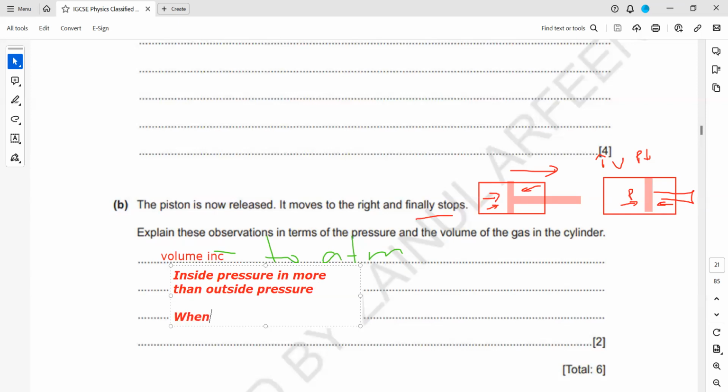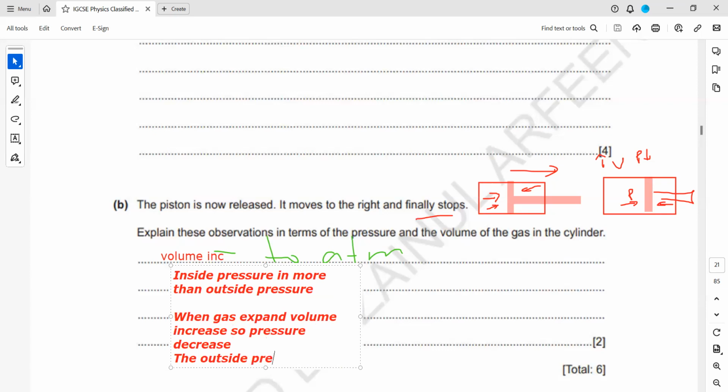But when the gas expands, the volume increases, so the pressure decreases. So the outside and inside pressure balance out each other. When the outside pressure equals the inside pressure, it will stop expanding.